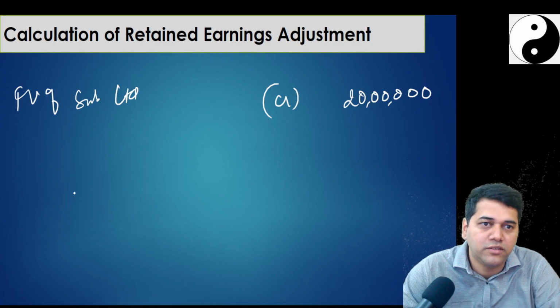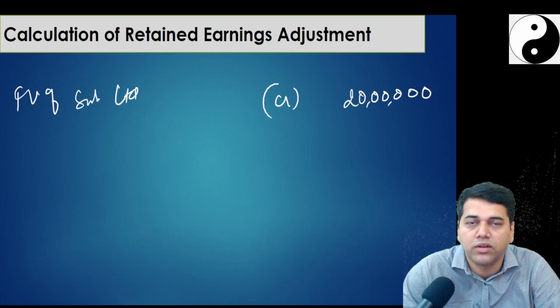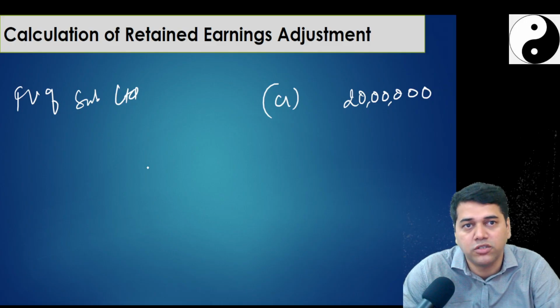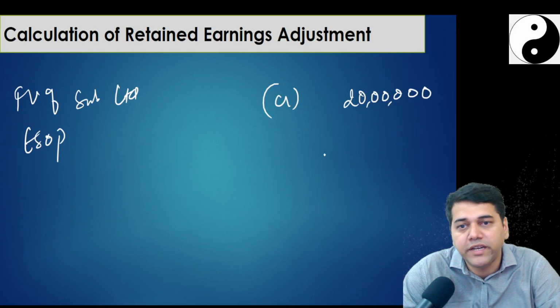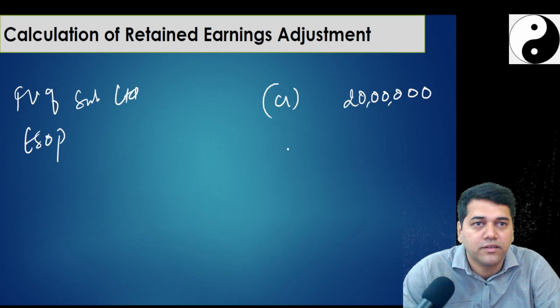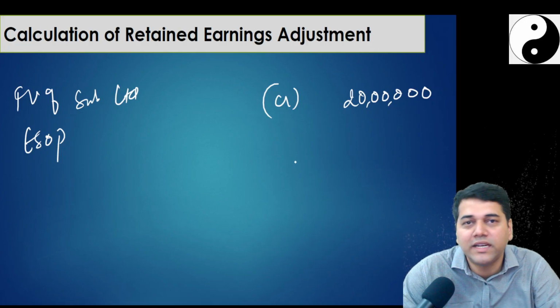Next note, is it going to hit anything in retained earnings? Deferred, no, nothing. Next note, yes, ESOP reserves are going to hit. Are you going to debit retained earnings or credit retained earnings? What entry are you going to pass?